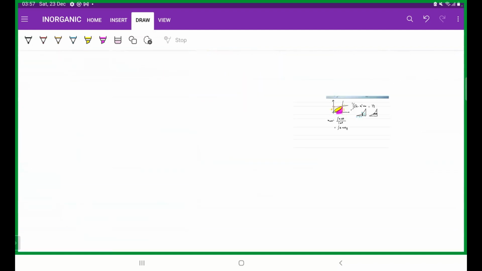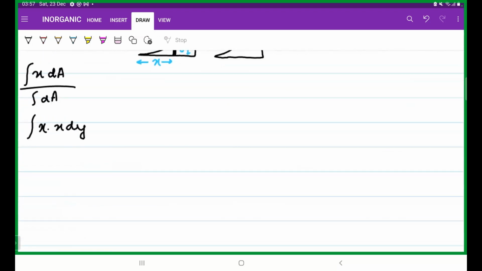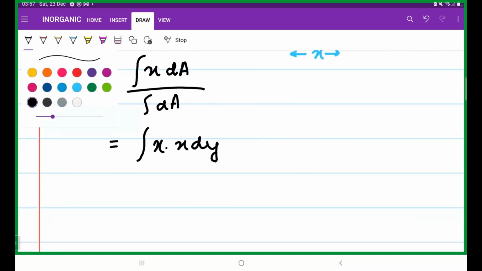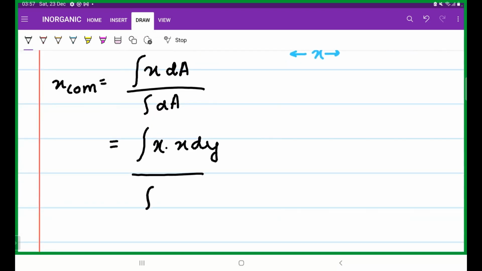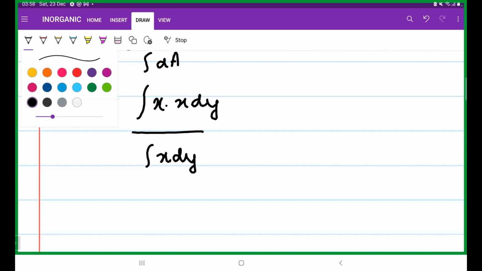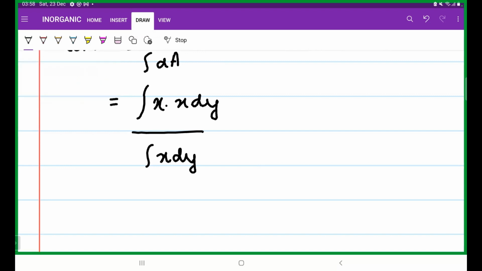So yeah, let's now continue with our calculation. This will be integration x dy. Now you can see that the variable is in y, right? We need to convert this x square and x into y. So we know that x square is equal to y, right?